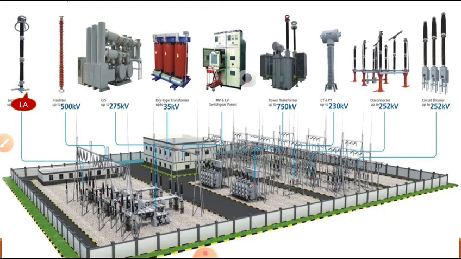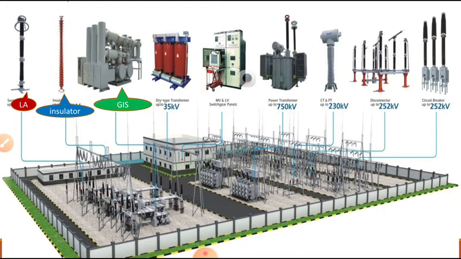That is a must. After that, we use isolation between the ground and our bus bars on high voltage lines. That is why we use different insulating materials. You can see these are the insulators, and here we are using the gas insulated substation.